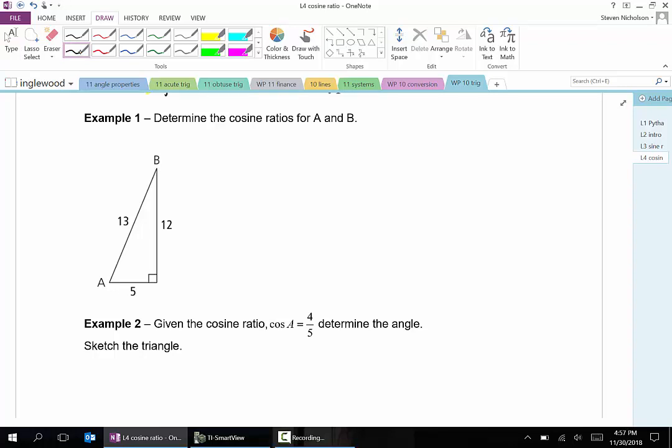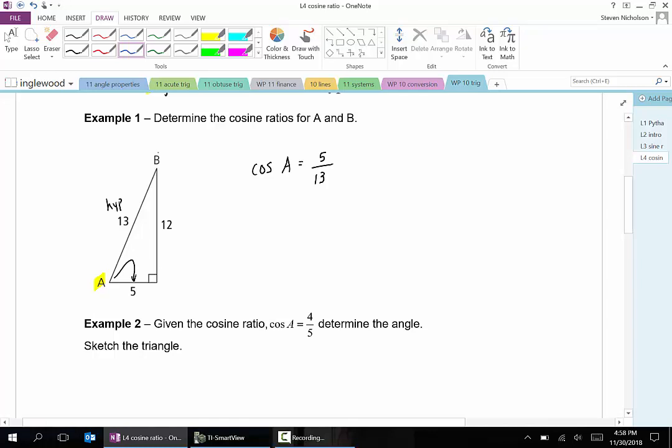So let's look at making sure we understand adjacent, because hypotenuse is really straightforward. So in our first cosine ratio, if we wanted to know the cosine of angle A, well, the cosine of angle A is equal to the adjacent side, which is that side right there, over the hypotenuse.